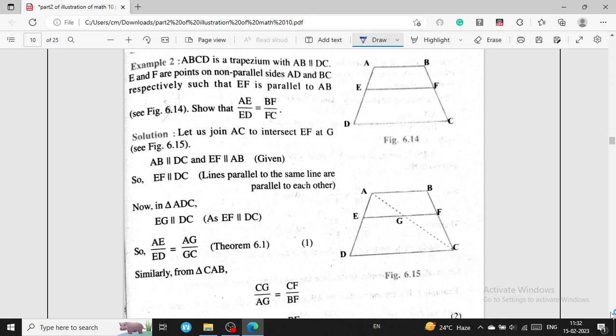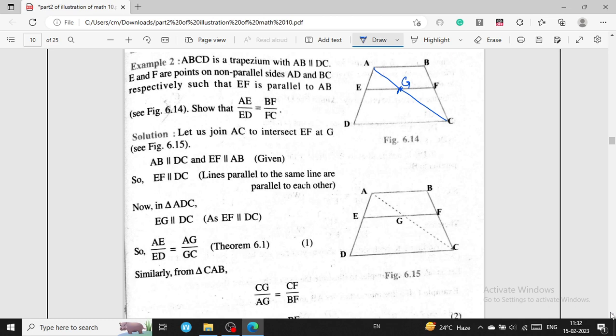First of all, let us join this line AC to intersect EF at point G. Now write AB parallel to DC, which is given in the statement, and EF parallel to AB, which is also given in the statement.